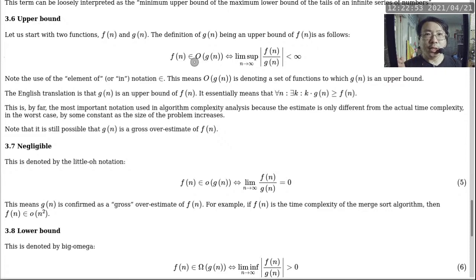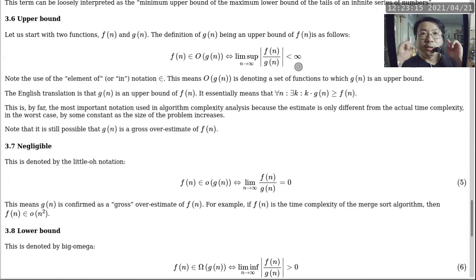How do we define that set? F of n is an element of big O of g of n if and only if the limit superior of the absolute value of f of n divided by g of n is not infinity. That's it. That's the entire definition.